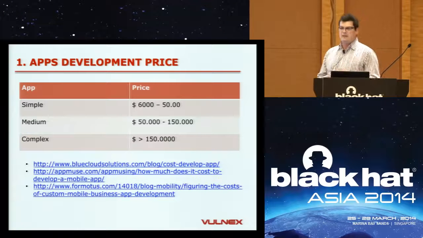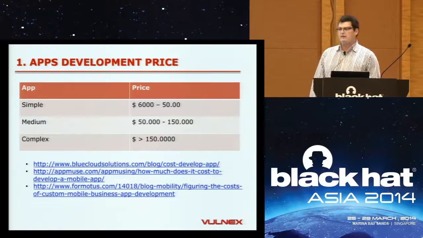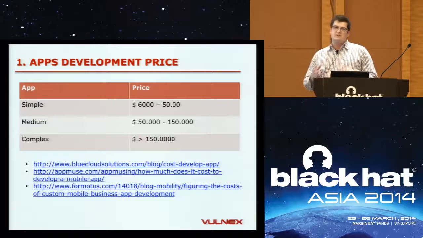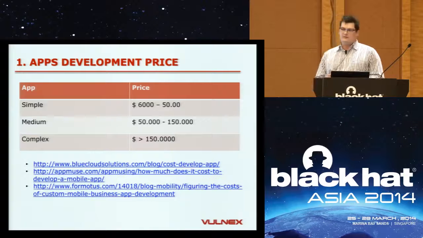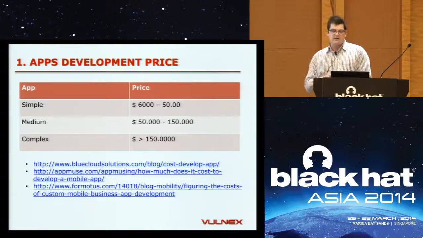A simple app is what they call a mobile app with maybe just an internet connection and a few screens. That's it. Then we have medium applications. It can go from $50,000 to $150,000 US. That's quite a lot. A medium application is one with database support, connecting to web services, so it's more complex. And then we have the really complex apps, and usually those are games.